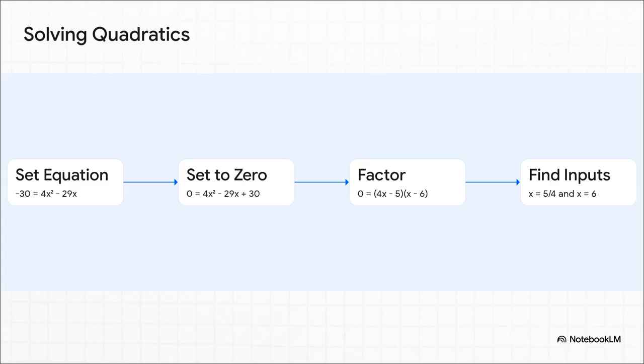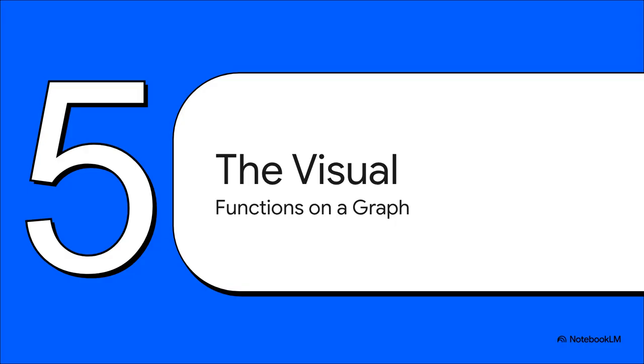In this case, it factors into 4x minus 5 times x minus 6. Now, if two things multiply to be 0, one of them has to be 0. That's our final step. We solve each of those little pieces for x, and we find our two possible inputs, 5/4 and 6.